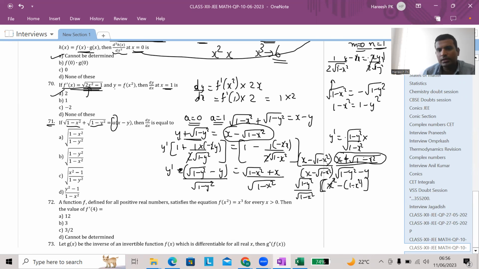So 2 gets cancelled. So I'll end up getting y dash as minus root of 1 minus y square by 1 minus x square into x by y. So from here, I know that x must be equal to y.